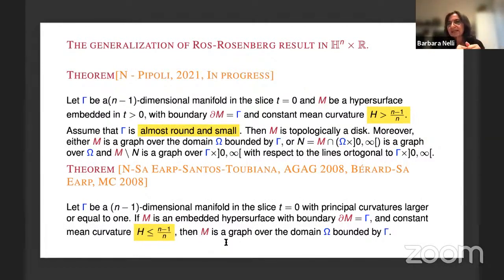So we already know that it is topologically a disk. The methods are different for this case. So the interesting case, the open case, is H larger than n minus 1 over n.